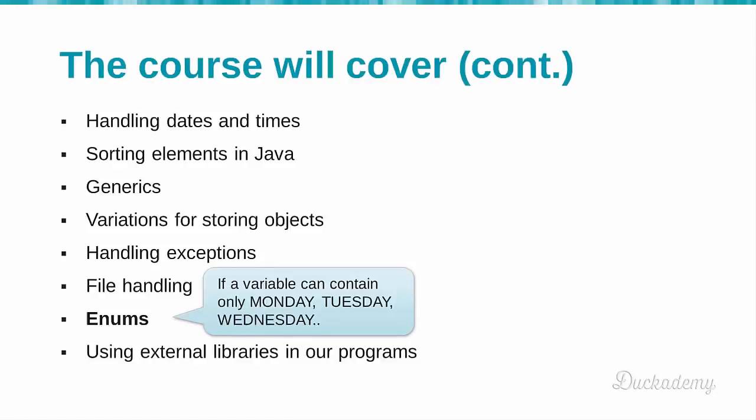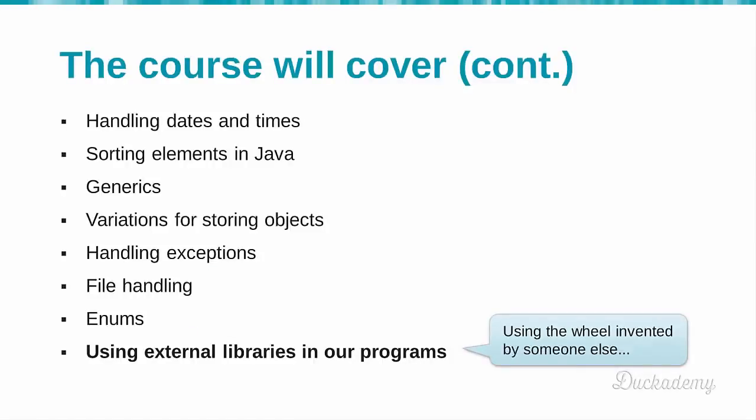So if we have only these values, then it is worth using enums for that. And last but not least, when we would like to do something, maybe someone else has created a solution for it. We don't have to reinvent the wheel, so we will see how to use other people's work in our programs.